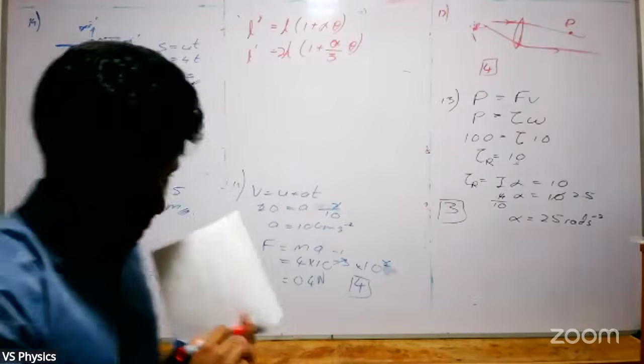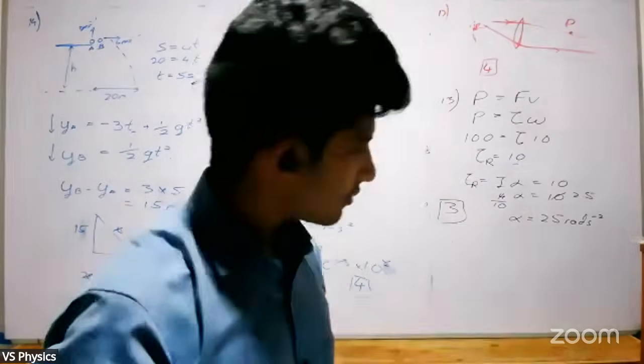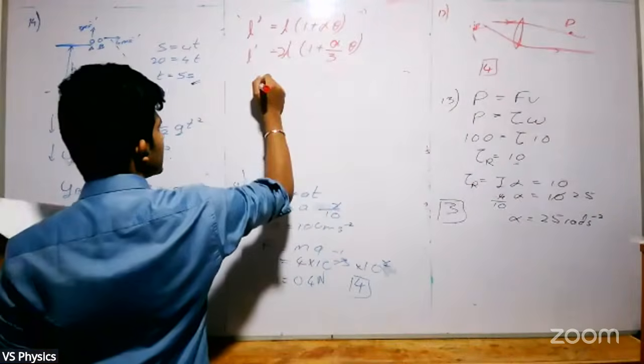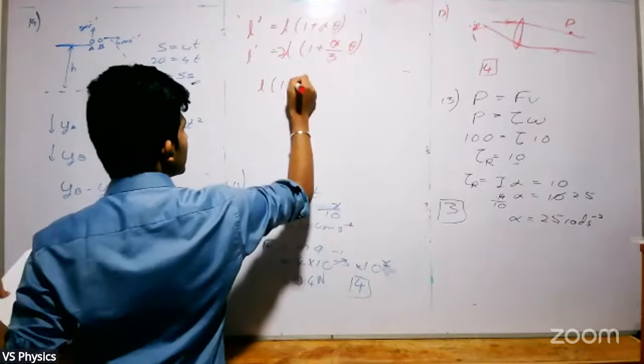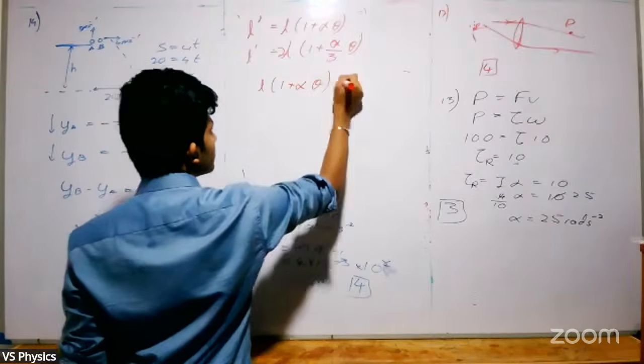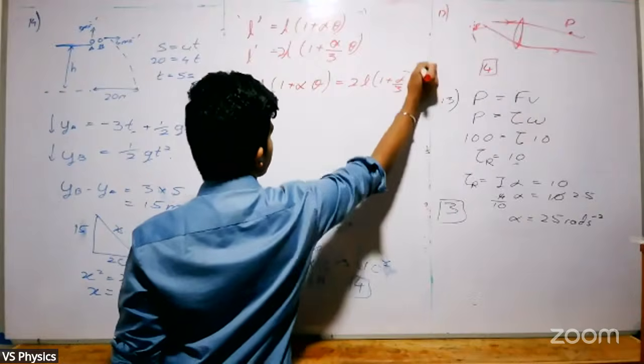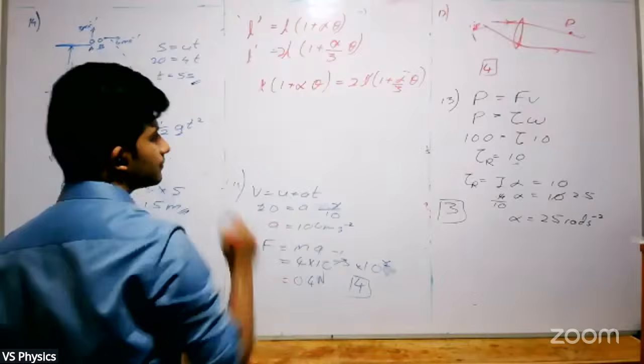Now we can equate these two. When we equate these two, we will get L1 plus alpha theta is equal to 2L1 plus alpha divided by 3 theta.